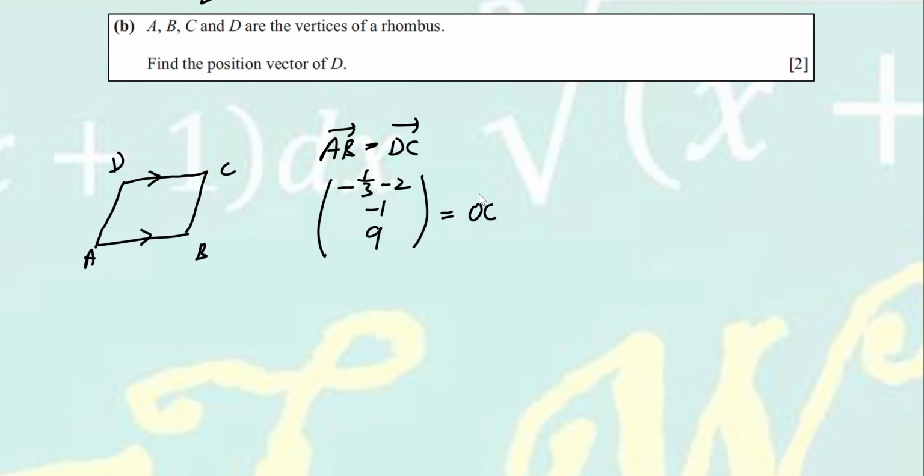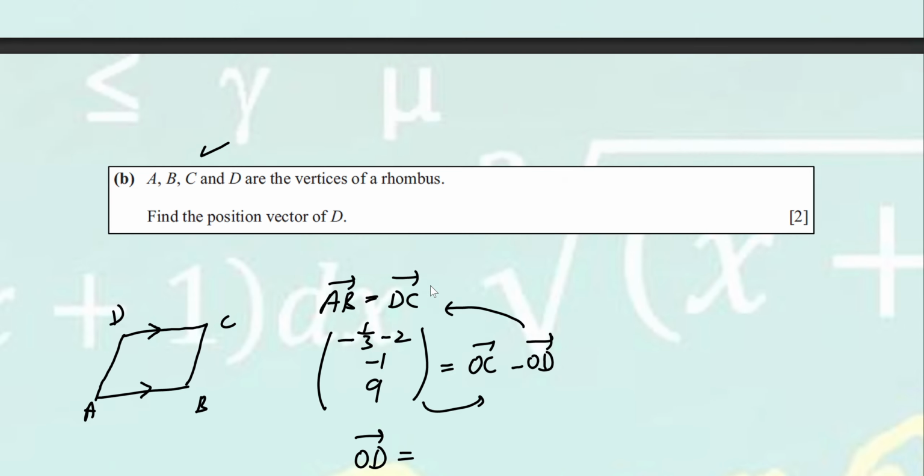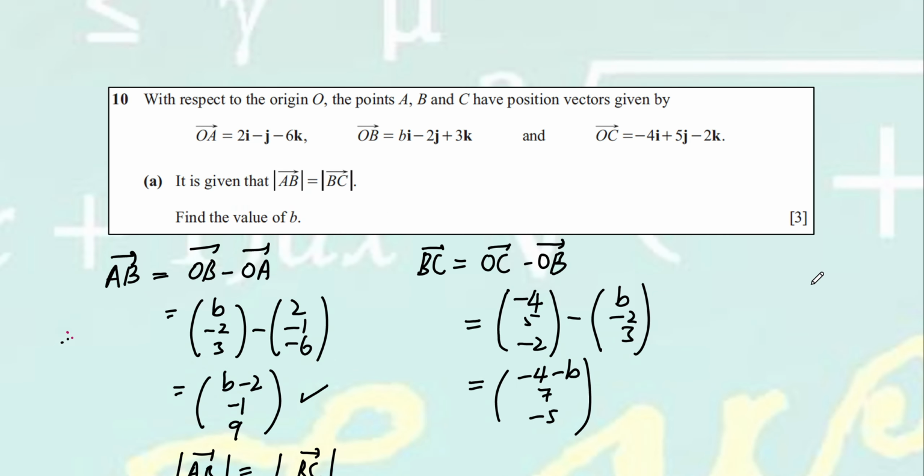Then this is OC minus OD. And now to get the OD, just move the OD to left side and then this one to right side. So that means your OD is basically OC minus AB. So replace the OC now. OC will be minus 4, 5, minus 2.